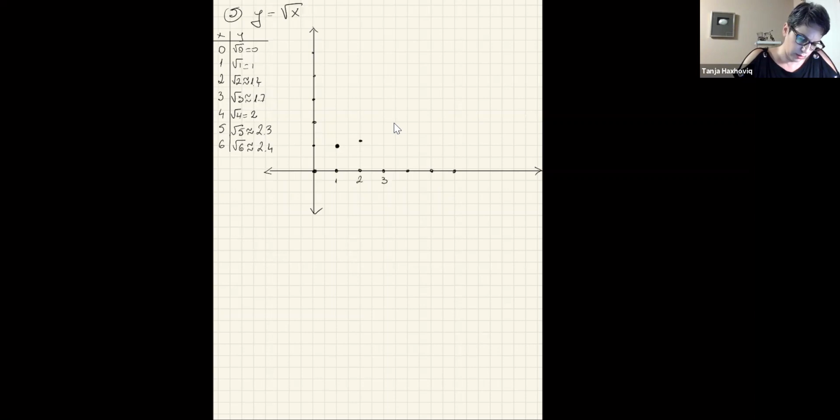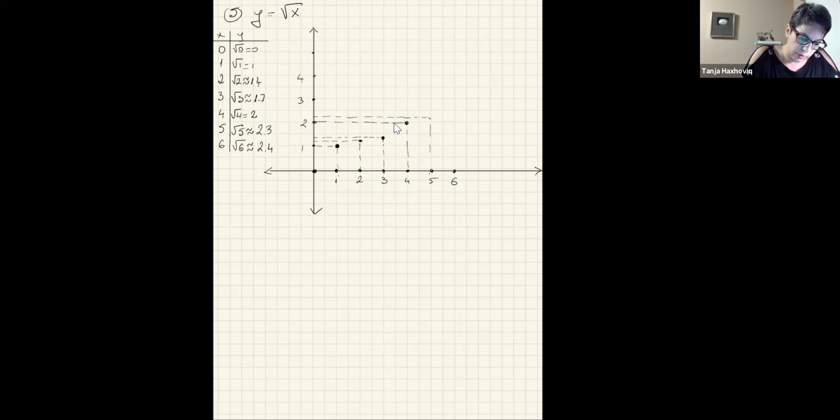Square root of 3, let's say it's slightly larger than square root of 2, let's say 1.7 is somewhere there. 4 is connected to 2, because square root of 4 is 2. 5 is, well, we're going to x equal to 5 and y equals to 2.3.